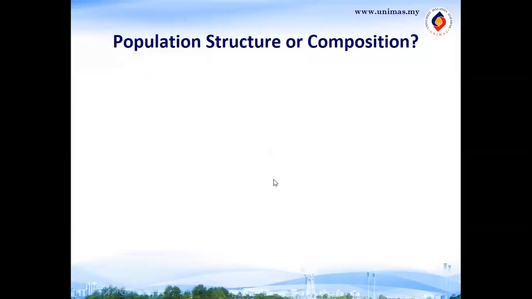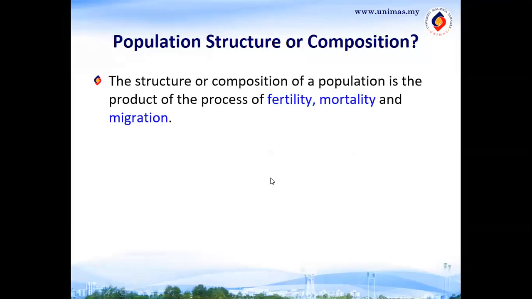Okay, so what is population structure or composition? The structure or composition of a population is the product of three main demographic factors, which are fertility, that is births, mortality or deaths, and also migration.